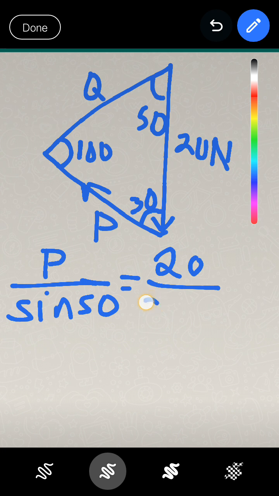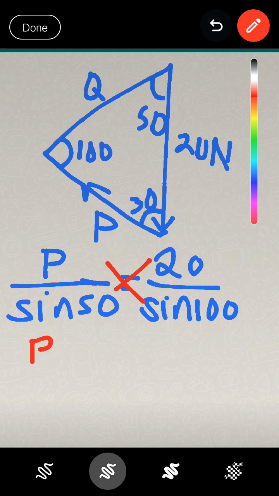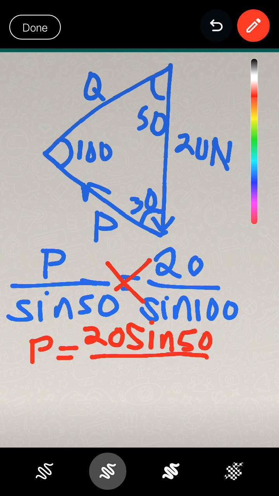So we cross multiply and make P the subject: P is equal to 20 sine 50 all over sine 100.